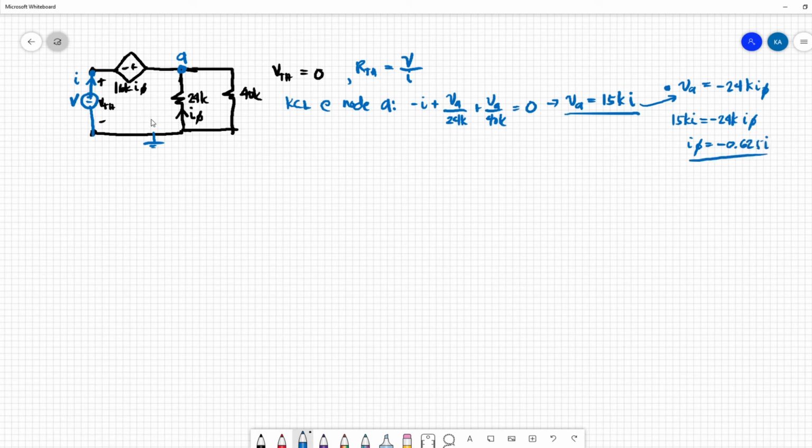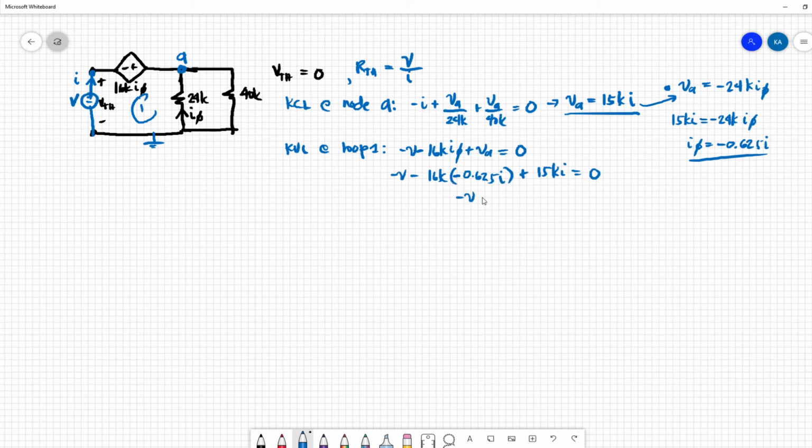Next we need to apply KVL at this loop. KVL at loop 1, we have negative V minus 16k i phi plus VA equals 0. Substituting the value of i phi and VA, it becomes negative V plus 25k I equals 0.